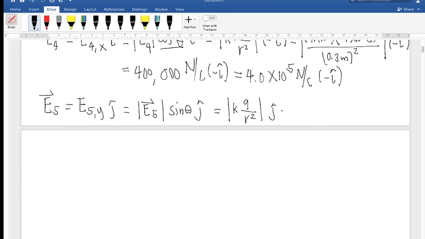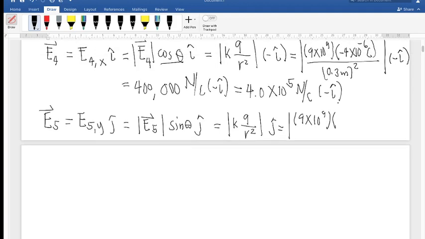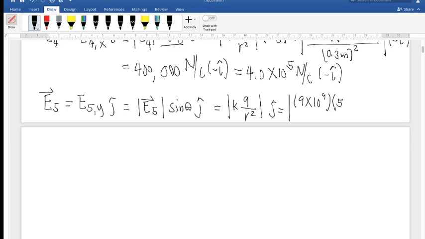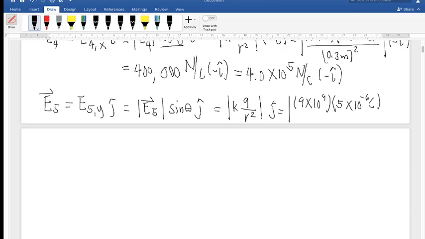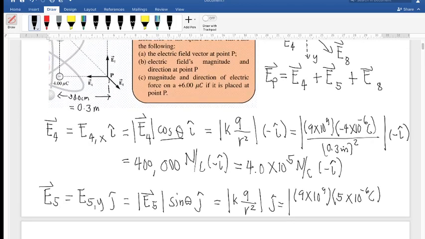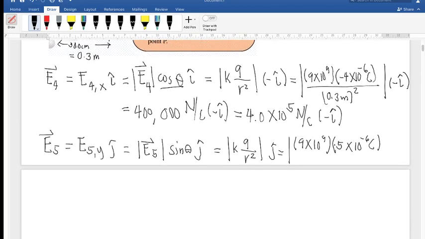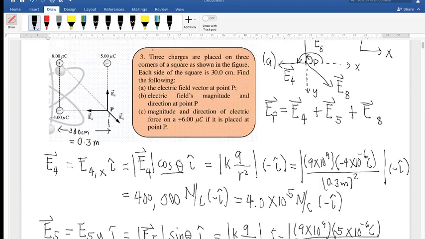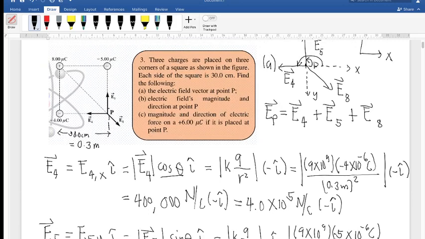Then simplifying, so we have here 9 times 10 to the 9, tsaka yung Q is the 5 microcoulomb. So that is 5 times 10 to the negative 6 coulomb. But here we have a negative 5, so we have to put negative 5 here, divided by the distance. Ano naman yung distance between the negative 5 tsaka ni P?